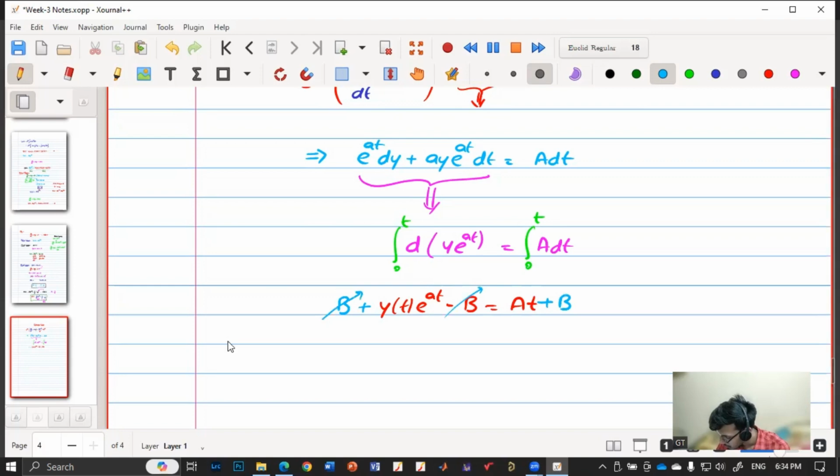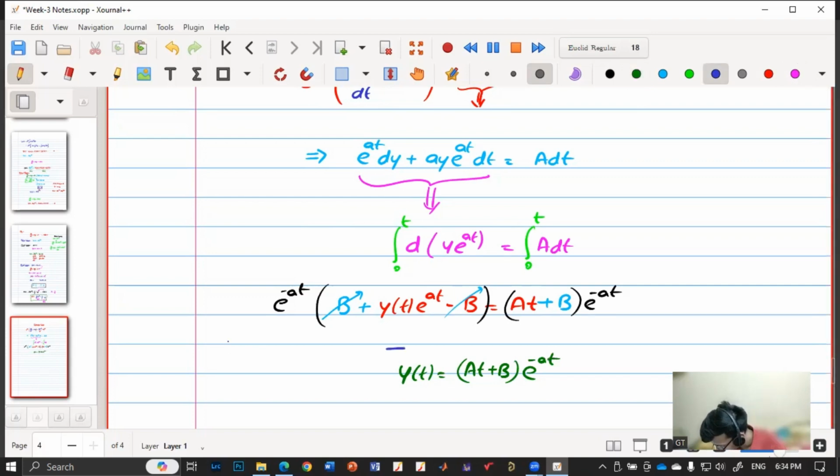And now I'll multiply by e to the power minus at, and here also e to the power minus at. So now I got the final answer as y of t is equal to at plus b into e to the power minus at. So whatever we have previously done does not apply here, because we got an extra term at.